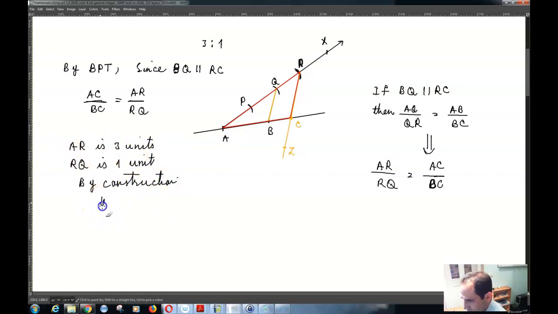So what that means is that then you can write AR to RQ is equal to 3 to 1. And that is equal to AC to BC. Therefore, you can say AC to BC is equal to 3 to 1.